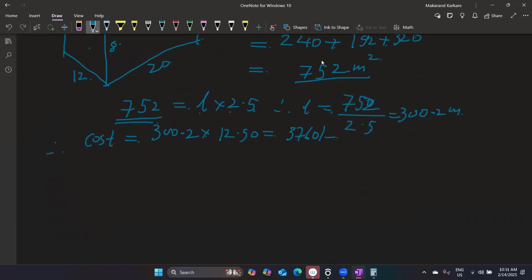Okay, so basically the sheet is like this, infinite length available, and this is 2.5. So I want to find the length. So length into 2.5 is going to be 752. Can I find length then? Length is simply 750 upon 2.5, so 300.2 meters.